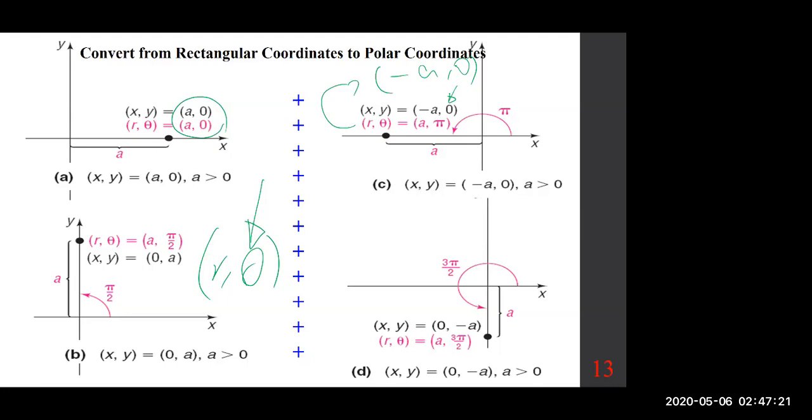On the negative side of x, it is a comma pi. For the y on the positive side, it becomes a comma pi over 2. And on the negative side, it is a comma 3 pi over 2. So I hope that's straightforward.